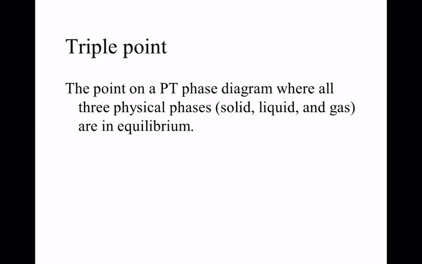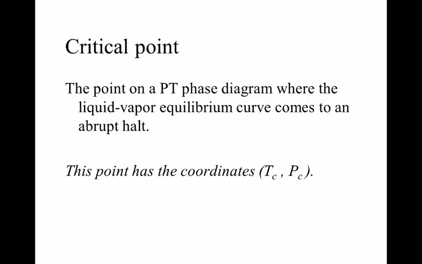That intersection, like I said, is where the three physical phases of matter will exist in equilibrium. Beautiful harmony. The critical point was that abrupt end, point C, where your equilibrium vapor pressure curve stops. And it has ordered points of TC and PC.